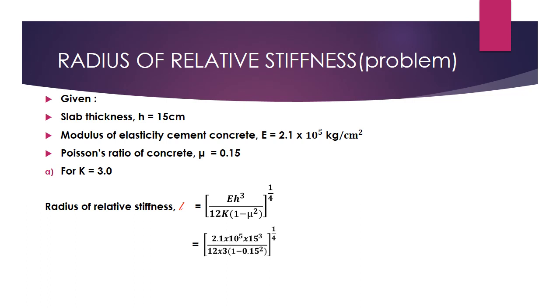You just substitute the values of E, H, K and mu. We will get a radius of relative stiffness of 67 centimeters.